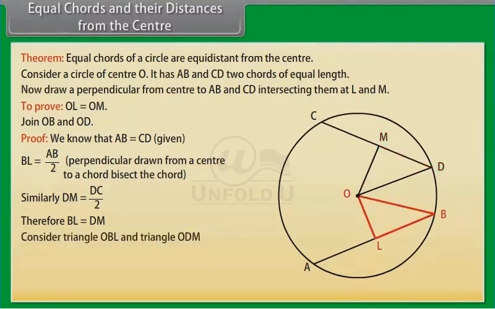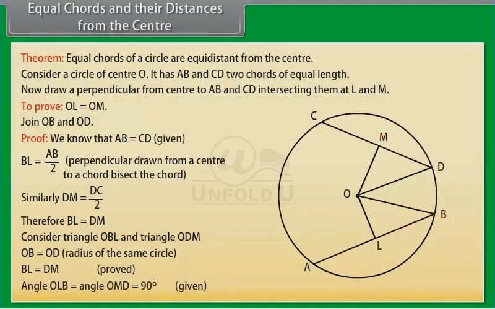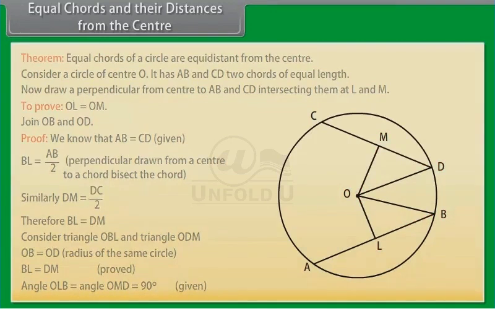Consider triangle OBL and triangle ODM. OB is equal to OD, radii of the same circle. BL is equal to DM, proved. Angle OLB is equal to angle OMD, which is equal to 90 degrees, given.